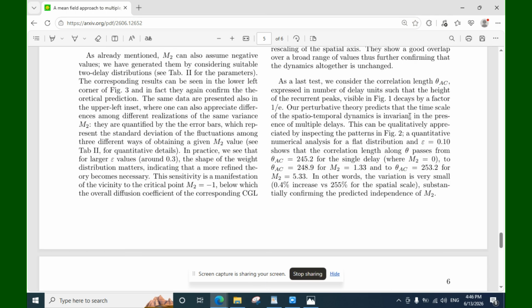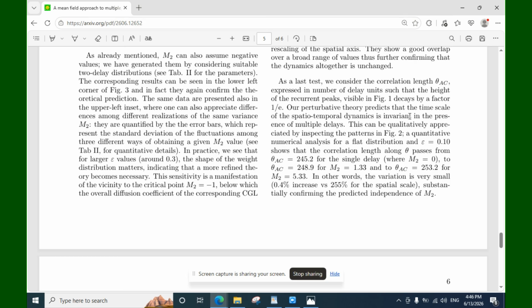A quantitative numerical analysis for a flat distribution and epsilon equal to 0.10 shows that the correlation length along theta passes from theta AC equal to 245.2 for the single delay, where M2 is equal to 0, to theta AC equal to 248.9 for M2 equal to 1.33, and to theta AC equal to 253.2 for M2 equal to 5.33.